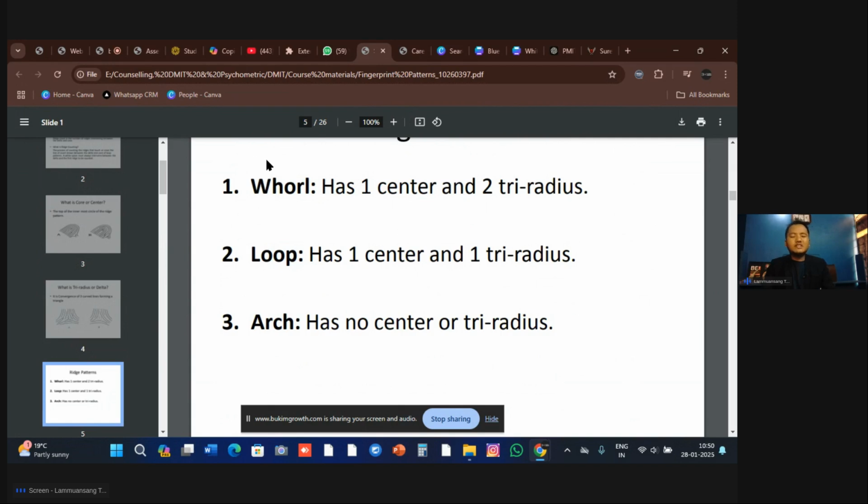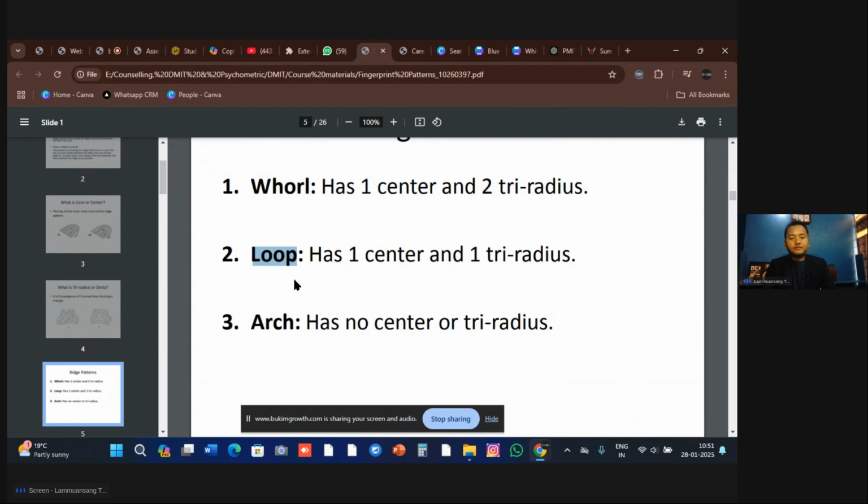Double wall is very easy to remember. If it has two centers, two tri-radius, that is double wall. Whenever you encounter double wall, it means compliant personality.